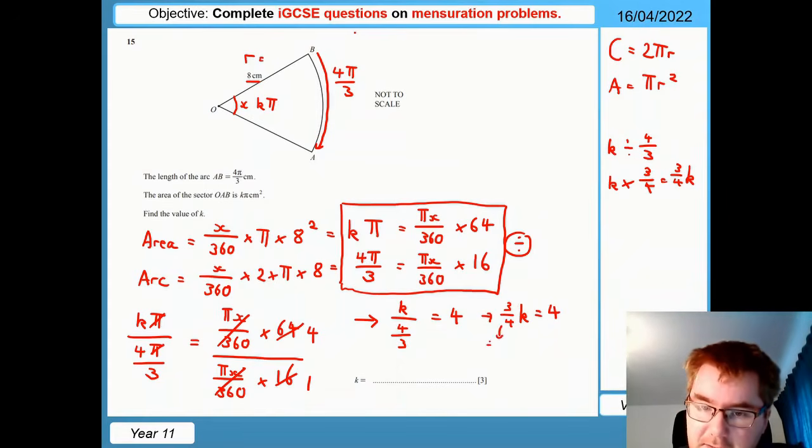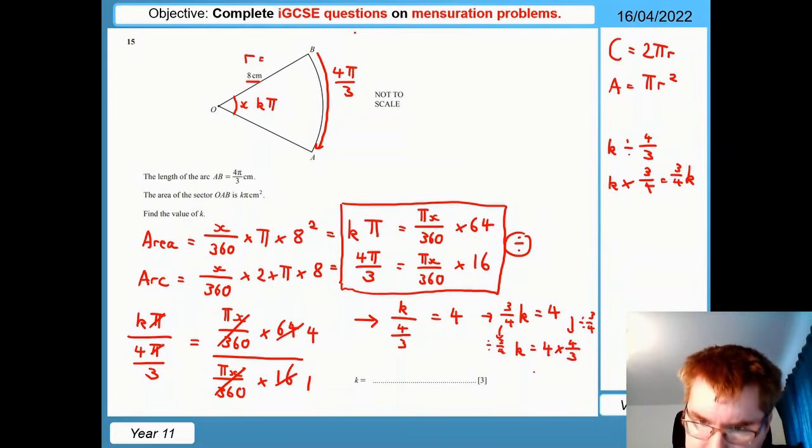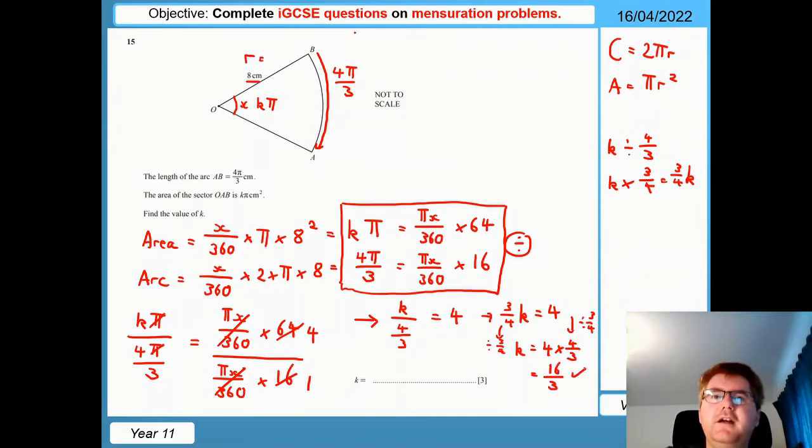Well, we're going to divide by 3/4 on both sides. And if we do that, we then get, remember, using the same trick that we did before, so 4 times 4 over 3, which gives us our final answer of 16 over 3, which is also fully simplified compared to the answer you're going to see on the next slide as well.